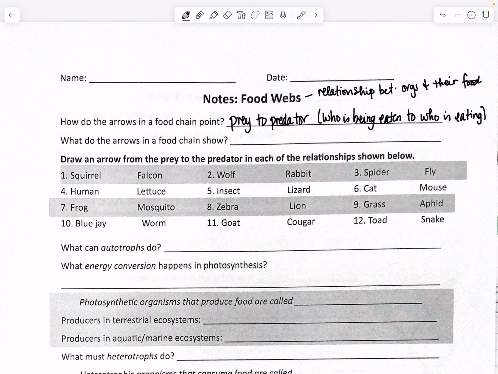Okay, and what the arrows themselves show is the flow of energy from one organism to the next.